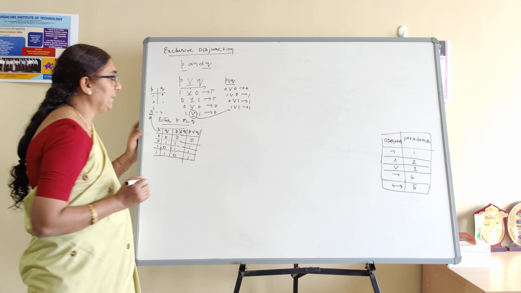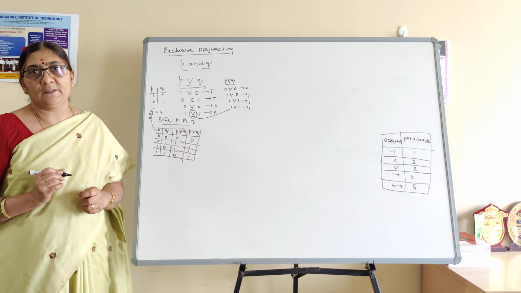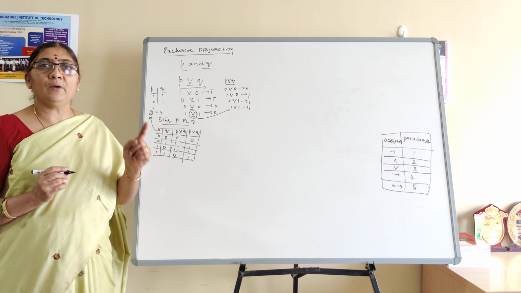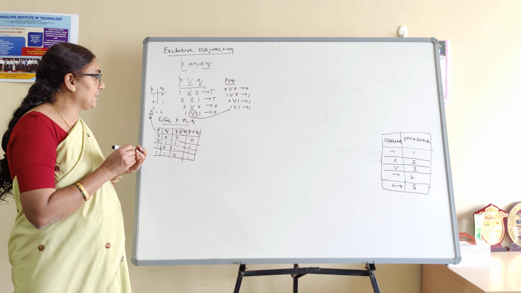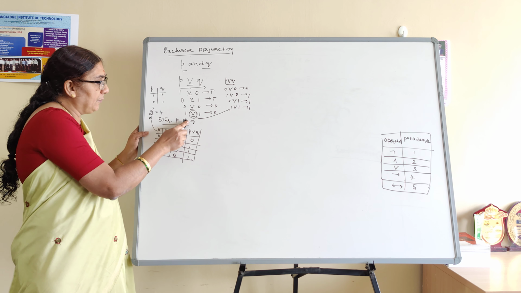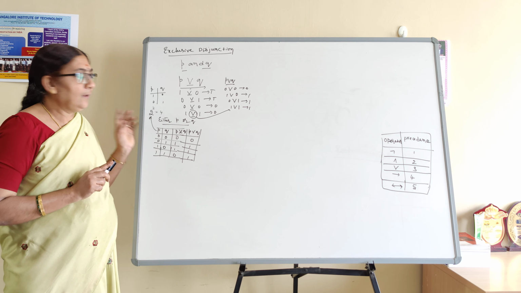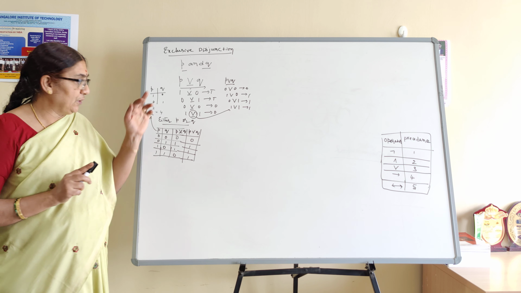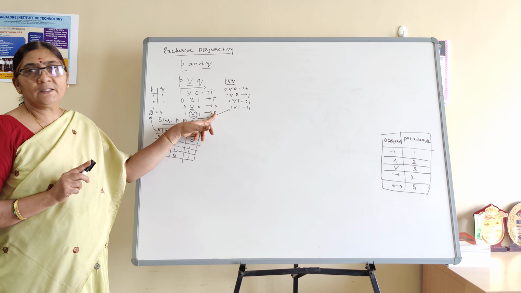This is the difference between disjunction and exclusive disjunction. We use exclusive disjunction whenever your statement starts with either and has an or between P and Q. Both are not true; even though both are true, we take it as false.